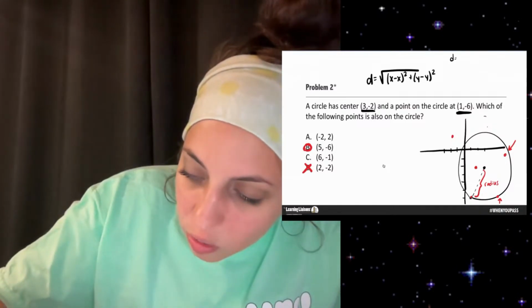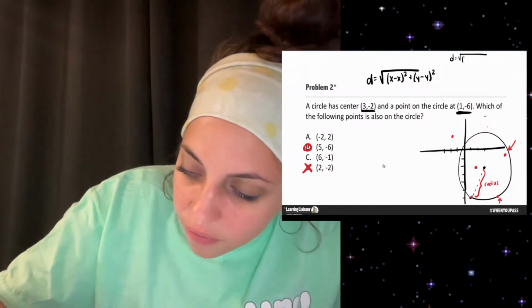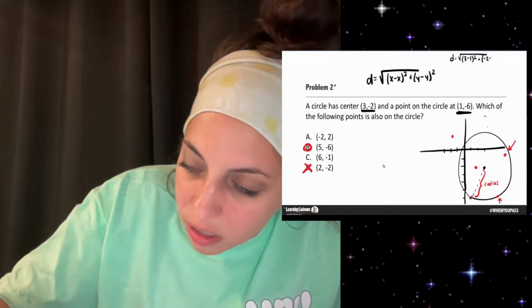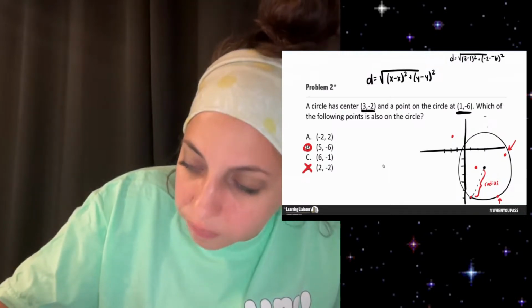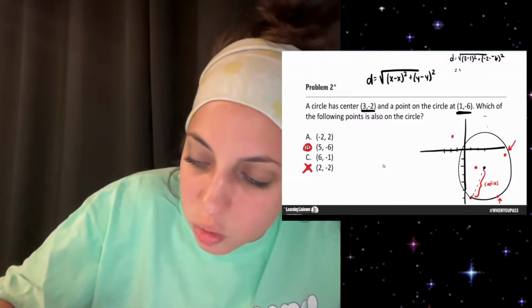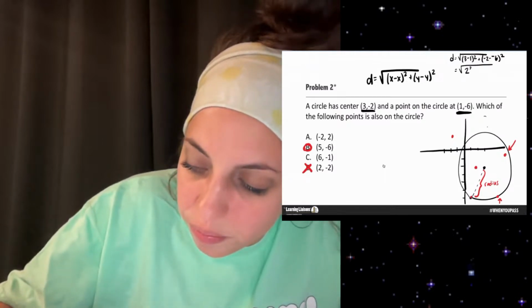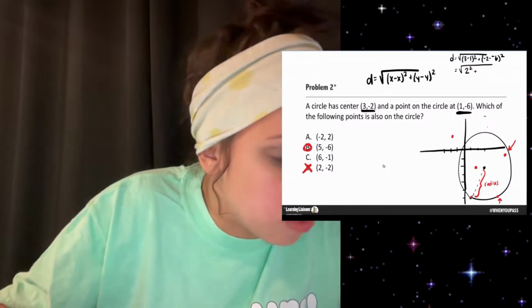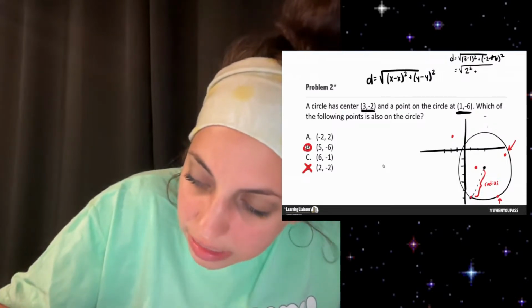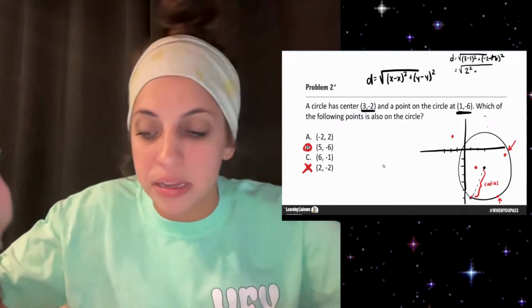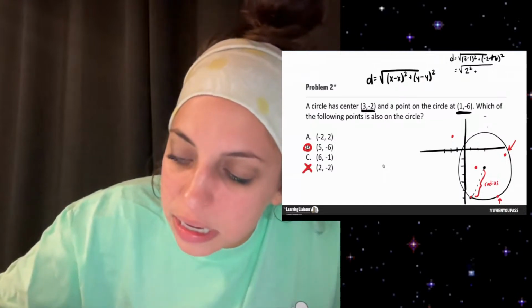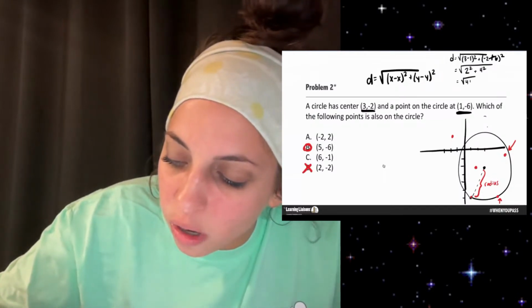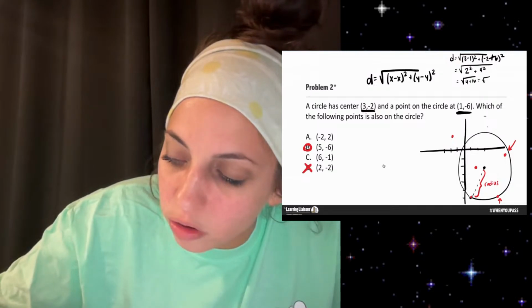So d equals the square root of (x minus x) squared plus (y minus y) squared. 3 minus 1 is 2. -2 minus -6, so -2 plus 6, because a negative times a negative is a positive. -2 plus 6 is 4 squared. So this equals the square root of 4 plus 16, which is the square root of 20.